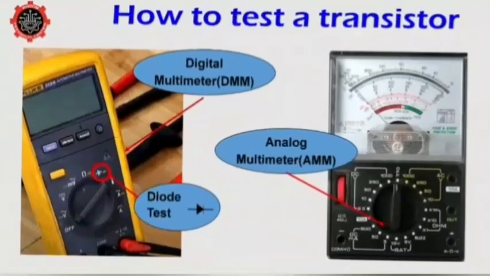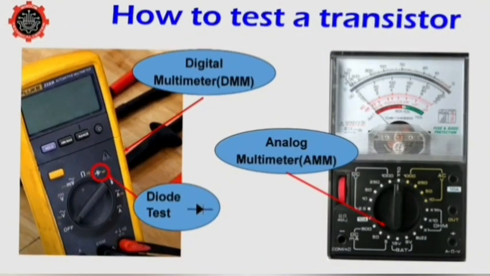We have two methods to determine the functionality of a transistor. The first method is by using either the digital multimeter or an analog multimeter. A digital multimeter is not that good to test them, but we can still use it to test transistors.